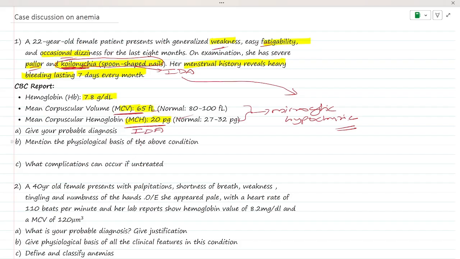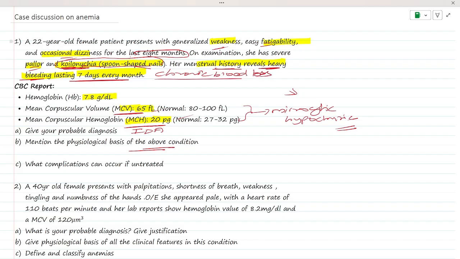Now mention the physiological basis of the above condition. Why does this patient have iron deficiency anemia? In the question, they have given the menstrual history of the female patient. It reveals heavy bleeding lasting 7 days every month, for 8 months. So there is chronic blood loss.